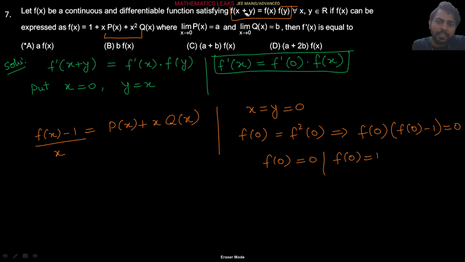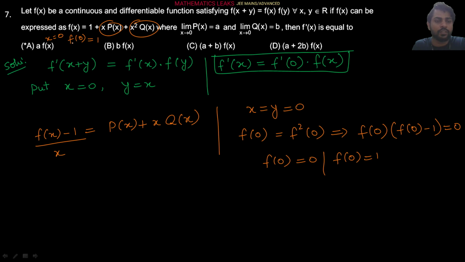Now if we consider this one part, and in this part we put x = 0, what will happen? f(0) = 1, and x will be 0, so entirely this is 0, and x² is 0 times q(x), so overall that will be 0.